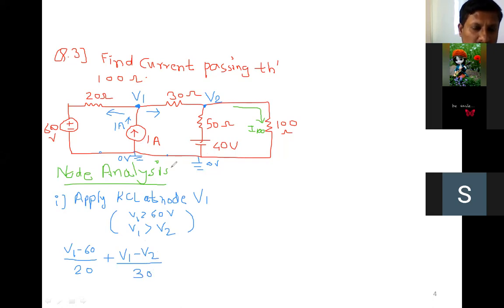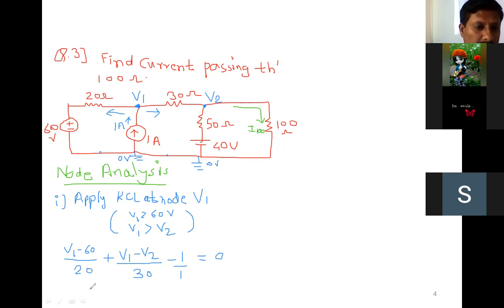And next this is minus 1 ampere because the current value is incoming. So it is equal to 0. You can take the LCM, or you can take the 1 to the right hand side. That is also acceptable.